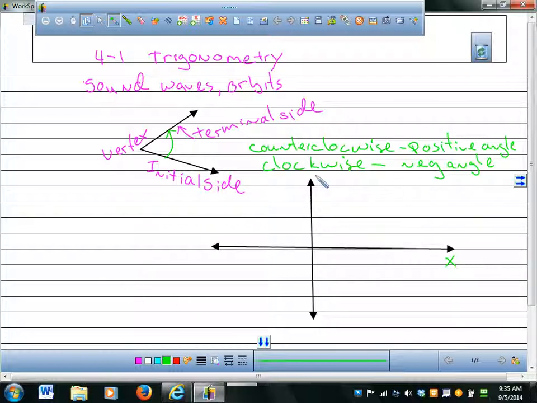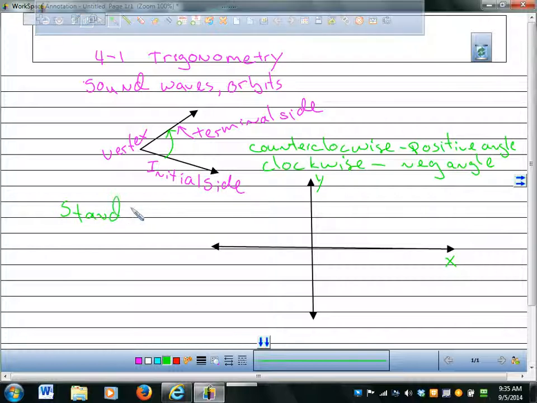And the Y axis. In standard position, the X axis is the initial side.